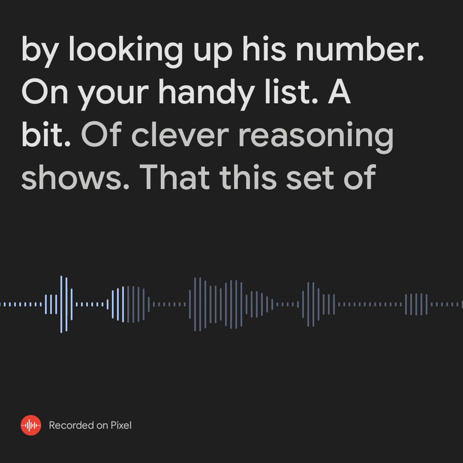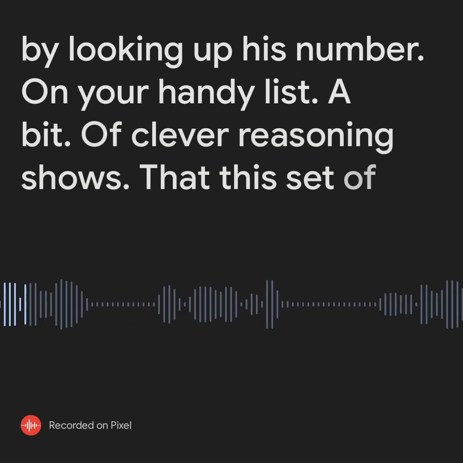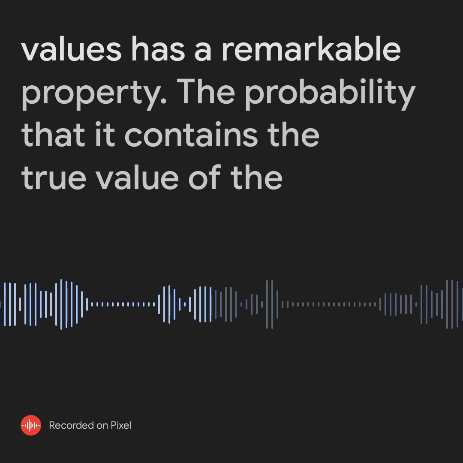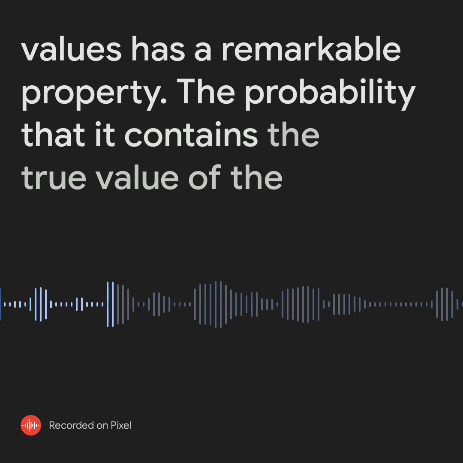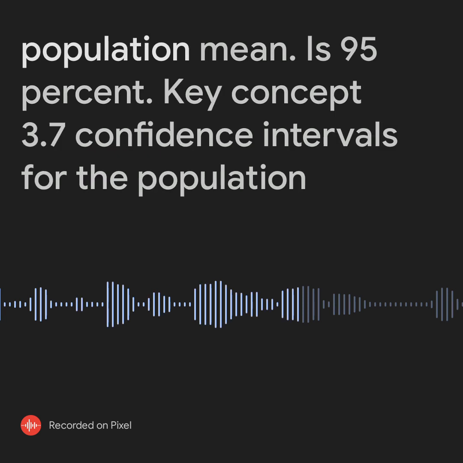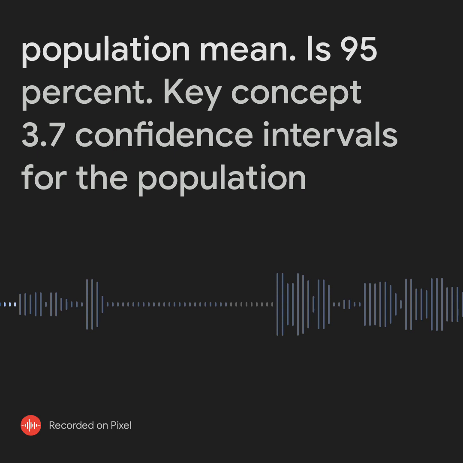A bit of clever reasoning shows that this set of values has a remarkable property. The probability that it contains the true value of the population mean is 95%.